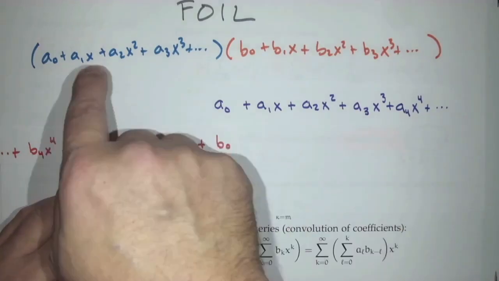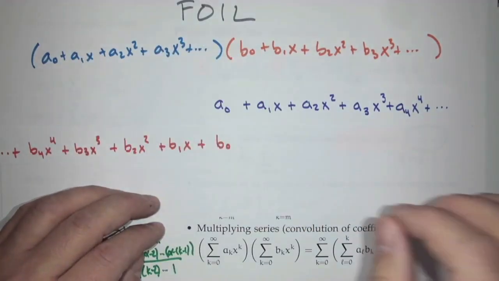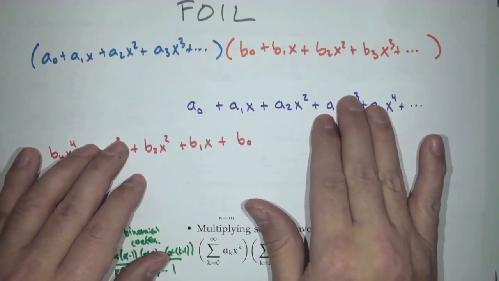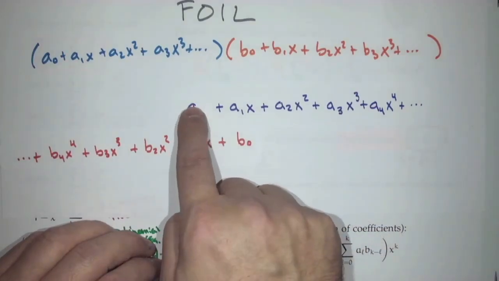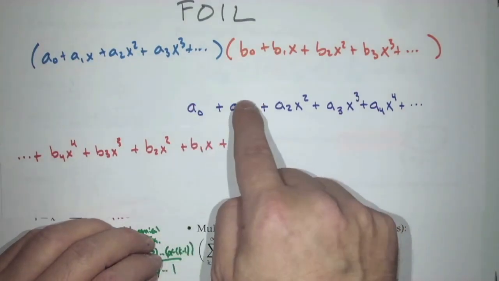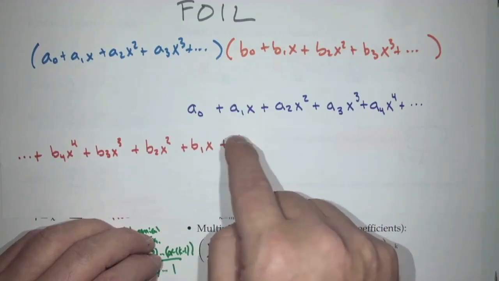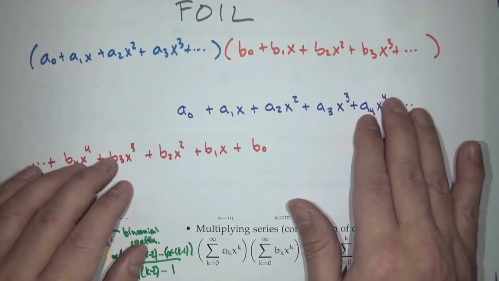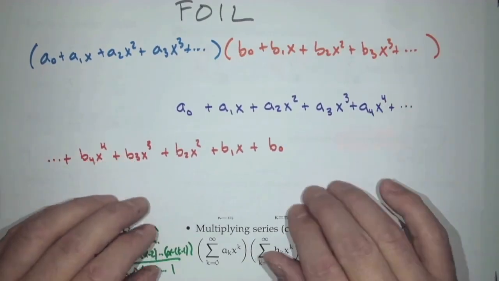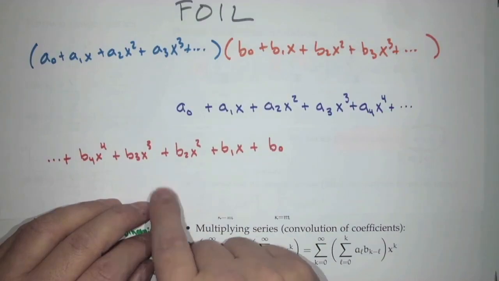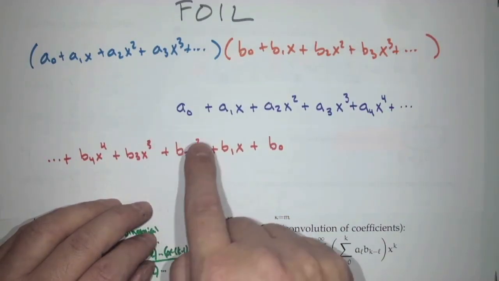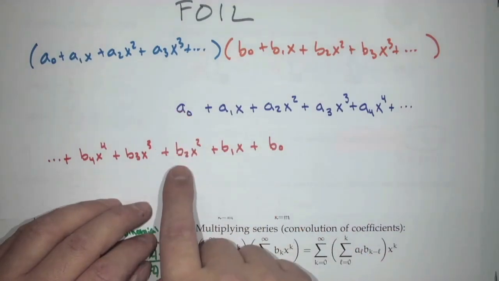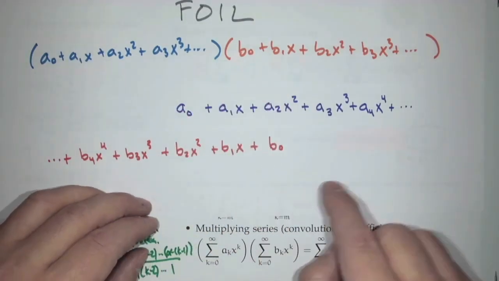How can I get something involving just x to the 1? Well, a0, b1x, and a1x, b0. So a0, b1 plus a1, b0. How about x squared? a0, b2x squared, a1x, b1x, a2x squared, b0. So there's the a0, b2, a1, b1, a2, b0.